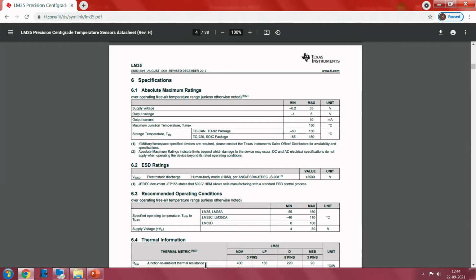When we are interfacing the previous stage to the next stage, the input impedance of the next subsystem should be very high, so that it consumes less current from the previous stage. What if the input impedance is smaller? Say the output we are getting is 10 millivolts and the input impedance is 100 ohms.